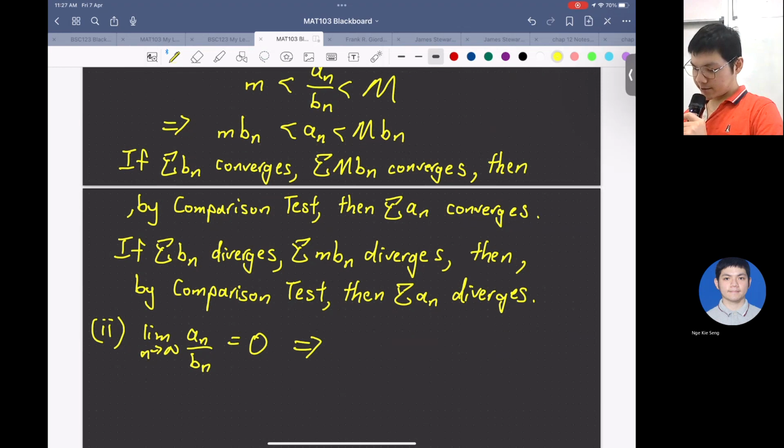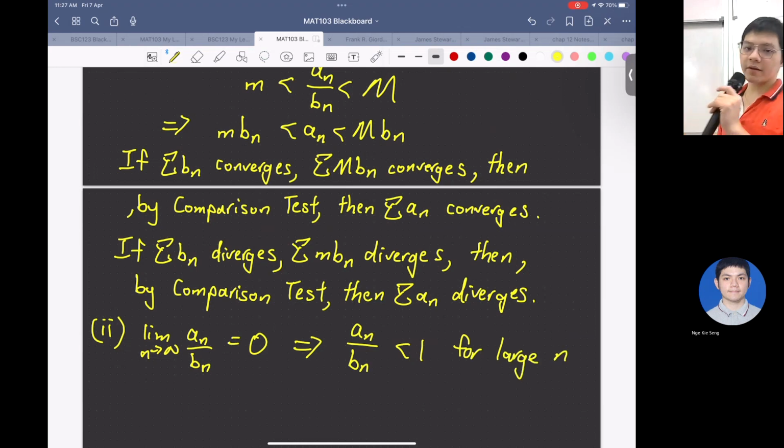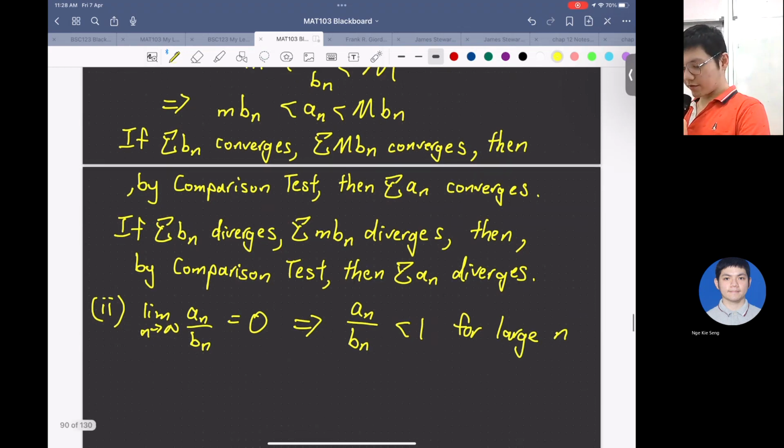So this implies that an over bn is less than 1 for large n, because it keeps approaching 0, right? In particular, you can find some number such that an over bn is less than 1. If you cannot find it, then your limit won't approach 0.